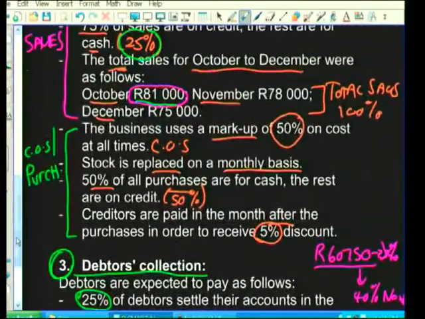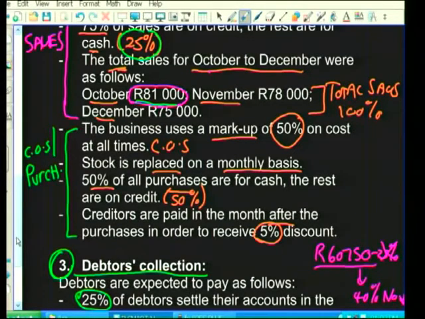There we go. I've got here, the business uses a markup of 50% on cost at all times. 50% of all purchases are for cash and the rest are on credit. So I'm going to now use this information and do that calculation.